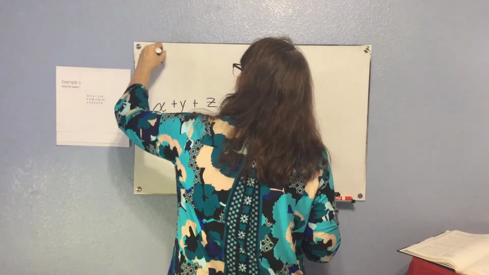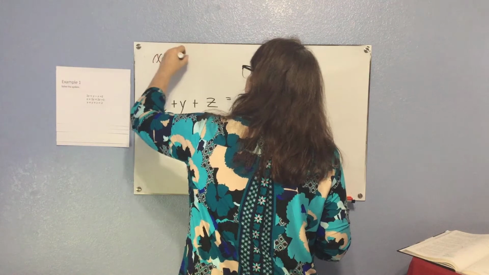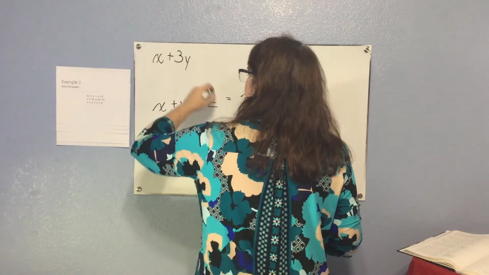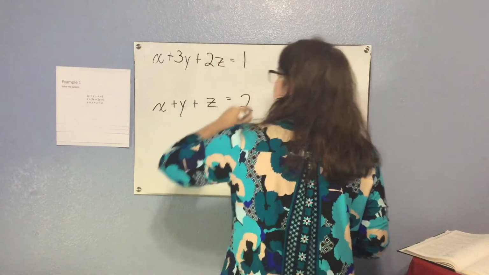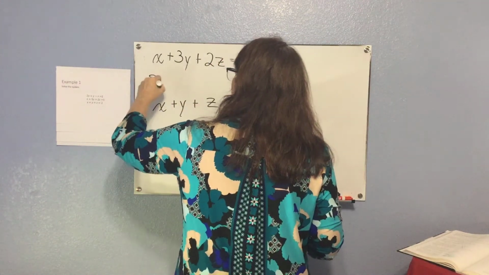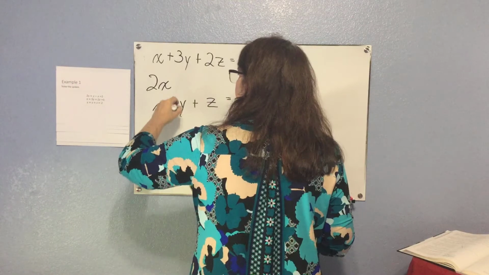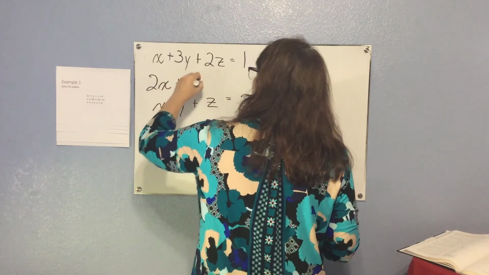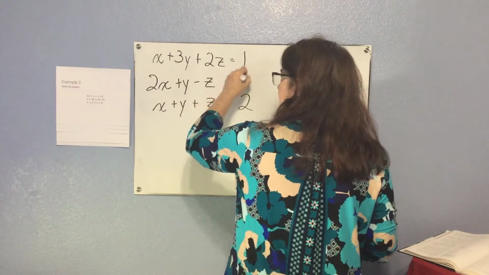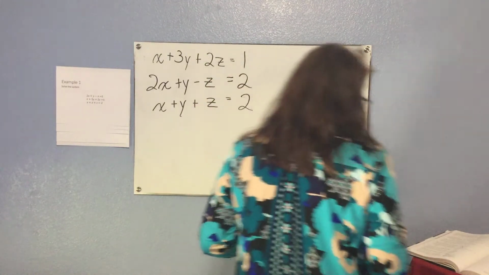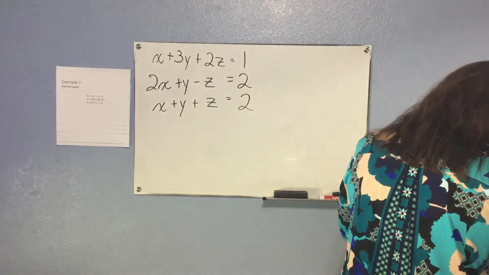So now on top I'll write x plus 3y plus 2z equals 1, and underneath that I'll write what used to be the first equation. Okay, so I've interchanged two equations.